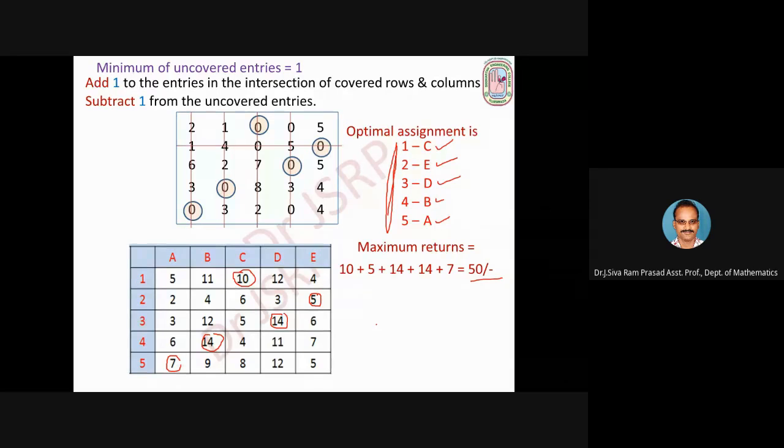But the Hungarian method assumes each entry should be non-negative, so we make all entries positive by adding a sufficiently large positive value. In other words, we subtract each entry from the largest value of the matrix. That is the way to convert a maximal assignment problem to a minimal assignment problem.